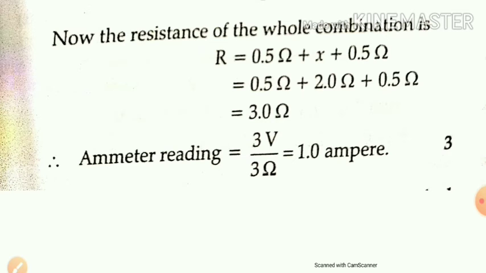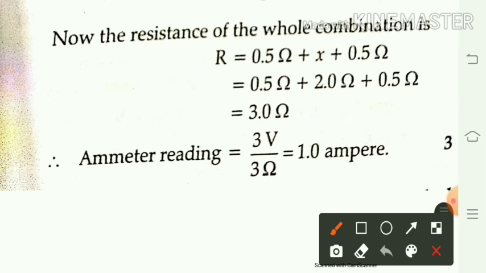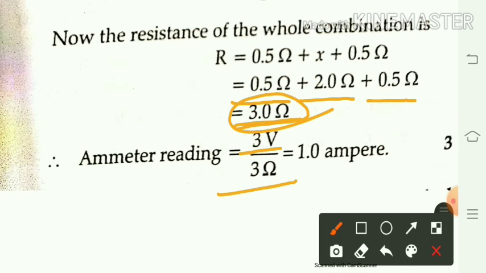So the total resistance R becomes equal to 0.5 plus 2 plus 0.5. 0.5 plus 0.5 is 1, plus this 2 ohm, it becomes equal to 3 ohm. The ammeter reading can be calculated by Ohm's law. V is equal to IR, so I is equal to V by R. Here the value of voltage is 3 volt and the equivalent resistance which we have calculated is 3 ohm. Therefore, the ammeter reading becomes equal to 1 ampere.